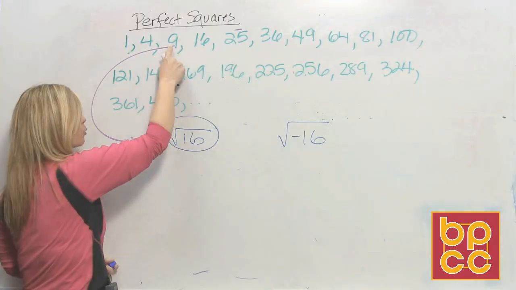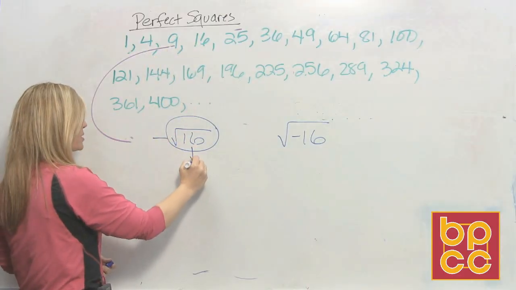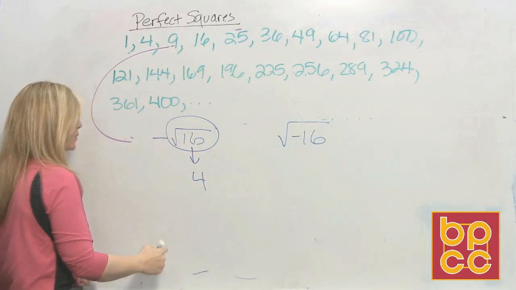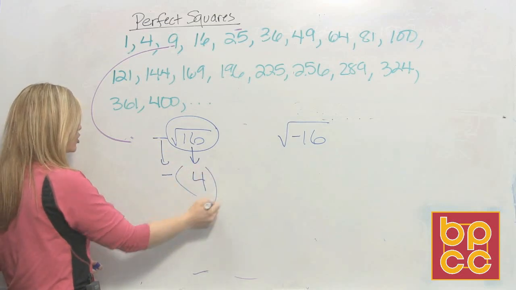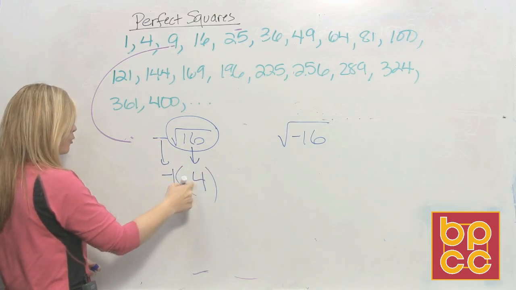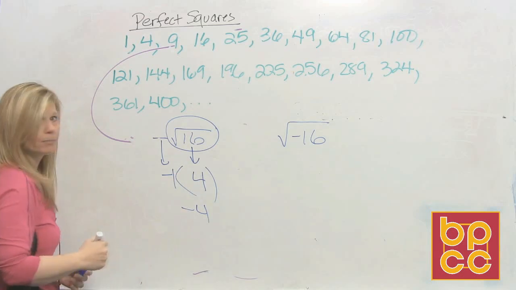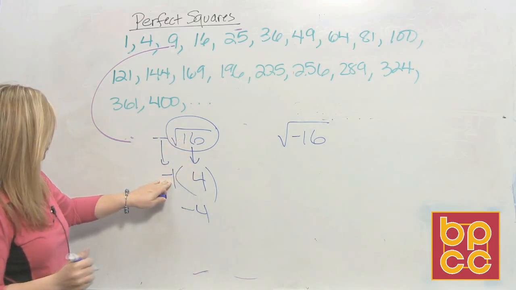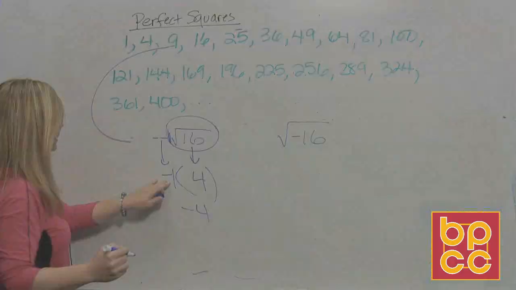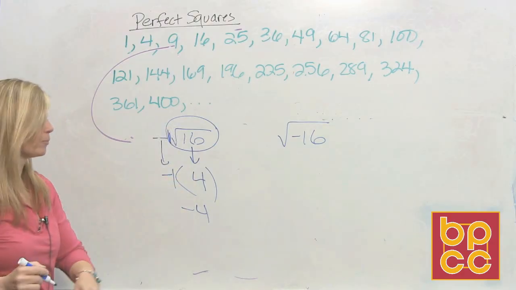It's 1, 2, 3, 4. So what number times itself is 16? That's 4. Now the negative comes down in front. What that negative means is you're multiplying negative 1 to 4, which is negative 4. So the square root of 16 is 4, but because there's a negative 1 in front, because that's invisible, understood negative 1, negative 1 times 4 is negative 4.